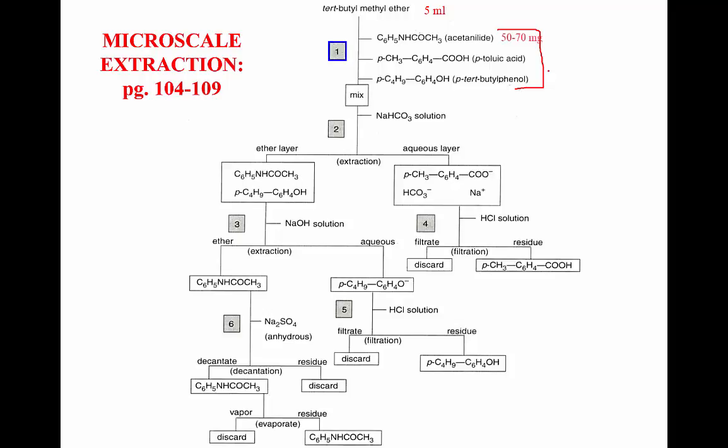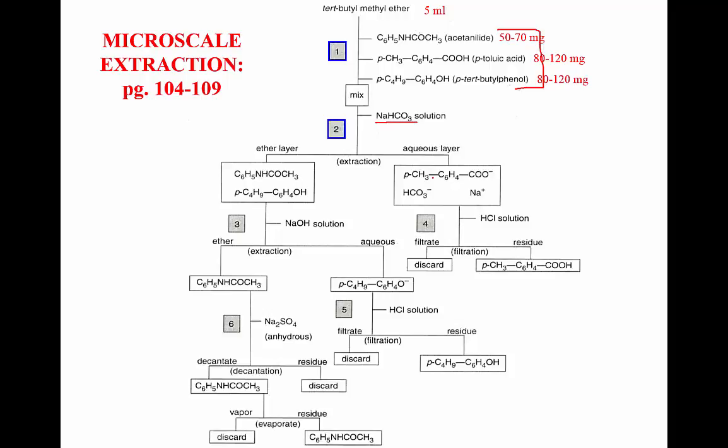So in step number 1, you're going to take and measure out about 50 to 70 milligrams of acetanilide, between 80 and 120 milligrams of the acid, and the same for the phenol. Now again, it doesn't have to be any particular amount, just somewhere in those ranges. You do need to record the exact amount though, because you will be doing percent yield at the end. So measure those out, dissolve them in the 5 milliliters of ether, mix them together, and then what you're going to do is add a sodium bicarb solution.